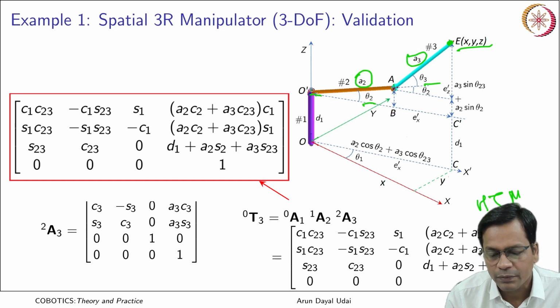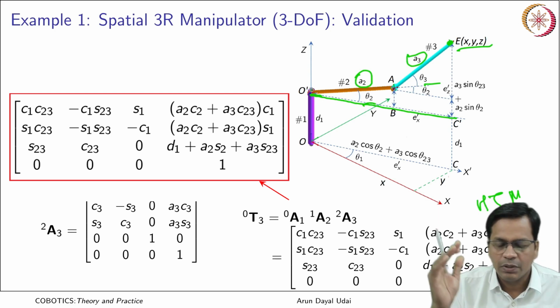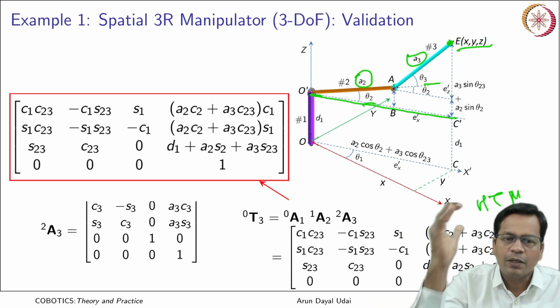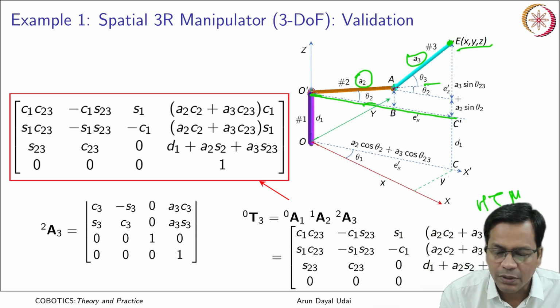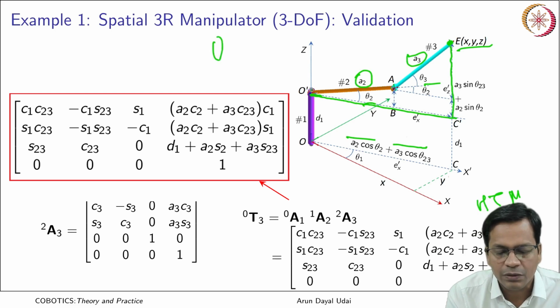So, you see this arm has link 2 and link 3 that is lying in a plane. Okay. So, this is that plane. So, there are 2 projections. The horizontal one would be a2 cosine theta 2 plus a3 cosine theta 2 plus theta 3. Theta 2 3 would mean theta 2 plus theta 3.